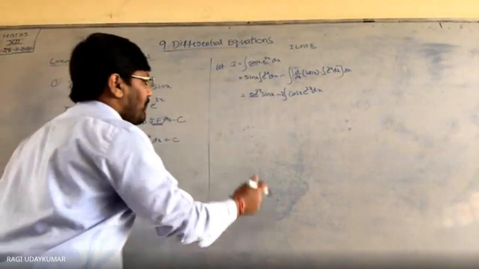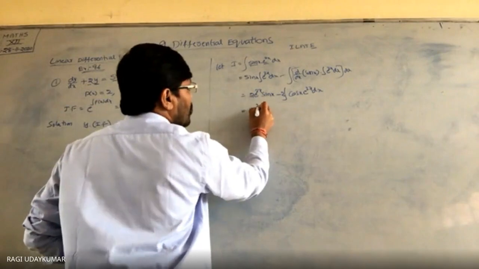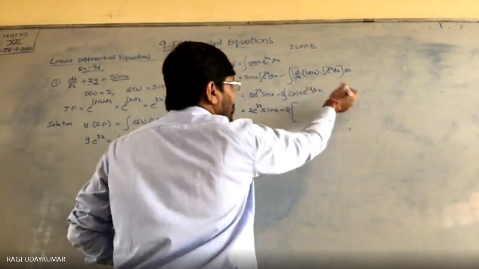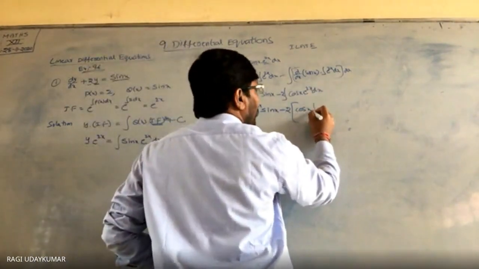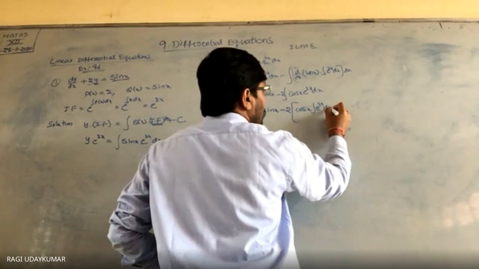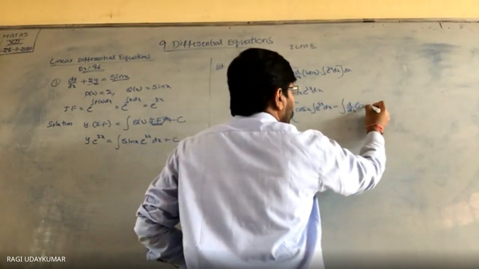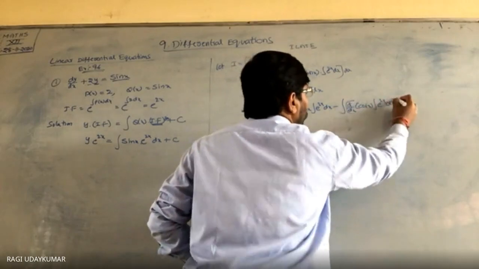So this completely integration I will tell you at last. 2 e power 2x sin x minus 2 into again by parts. Again by parts में क्या करना है? Cos x into integration of e power 2x dx minus integration of d by dx of cos x into integration of e power 2x dx into dx.